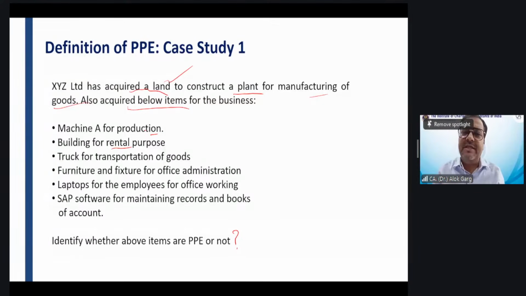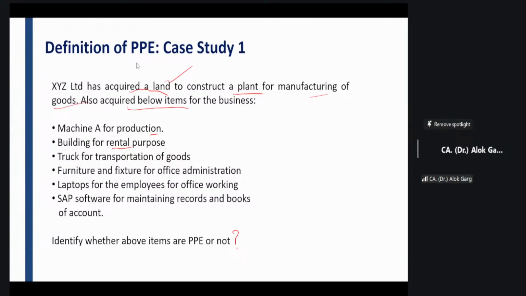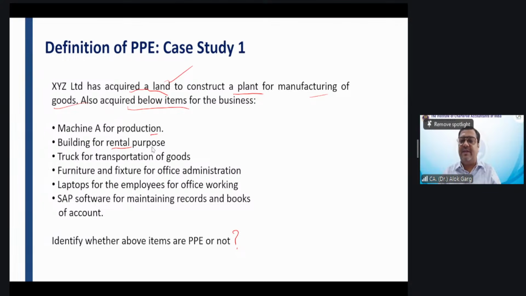But if a company is running a business in the building, then the building is not for rental purpose, it is for running the office. Then it is PP&E.